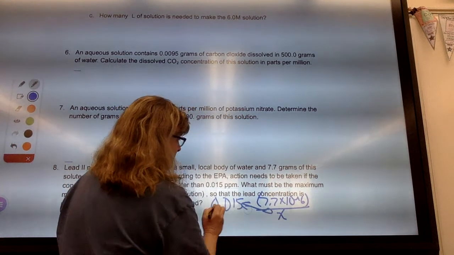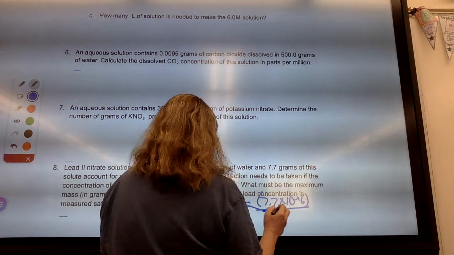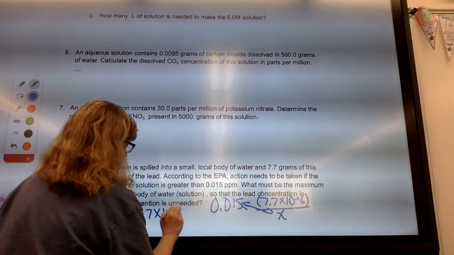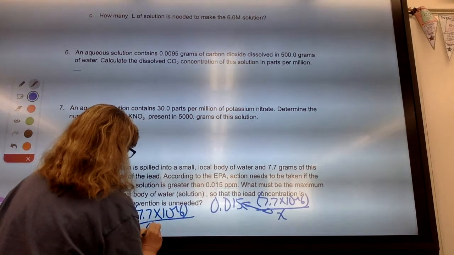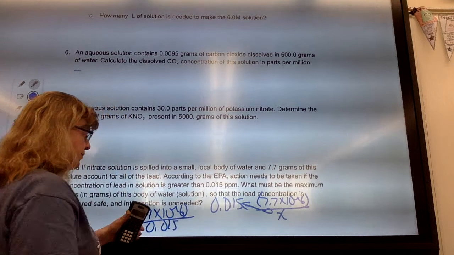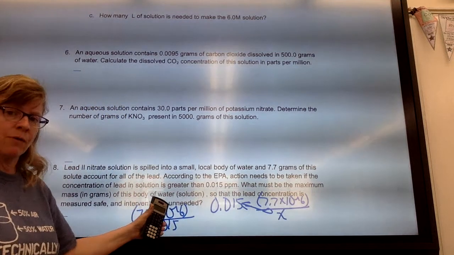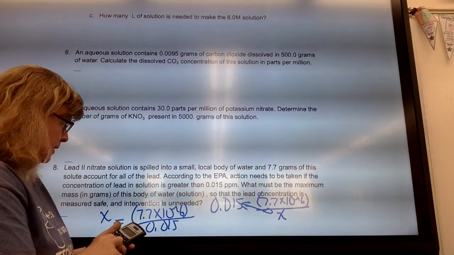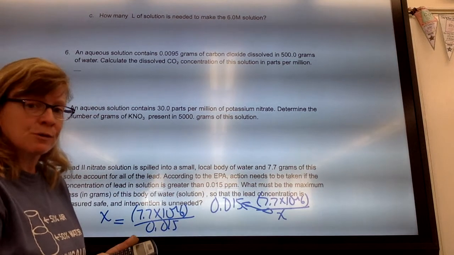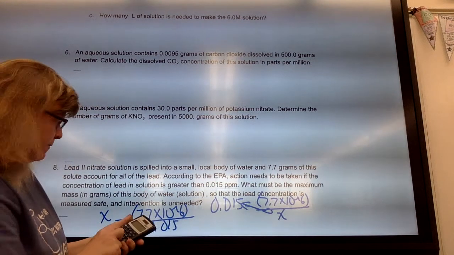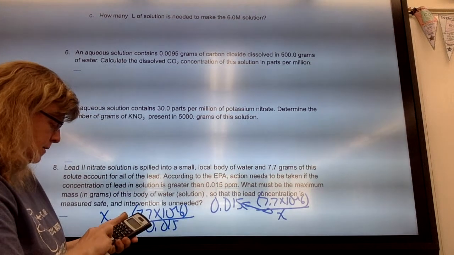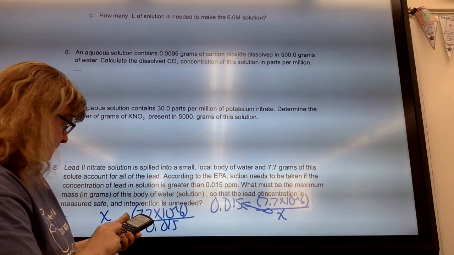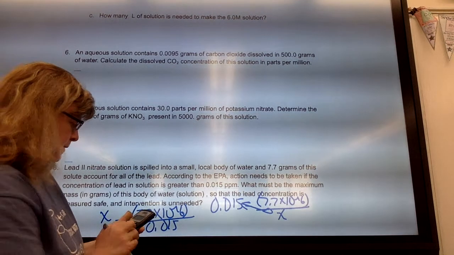Again, swapping that out. And 7 times 10 to the 6 over 0.015. Notice I'm grouping these. It's all in the numerator. And I'm using parentheses. You're going to have to use parentheses. That might be another place where you made a mistake. Okay.